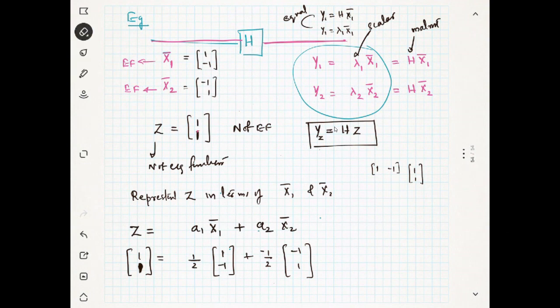Okay, I will use this one. That's a better option. I will use the first eigenfunction 1 minus 1. Second eigenfunction is 1 1. Then I think it is easy for you to have any number.